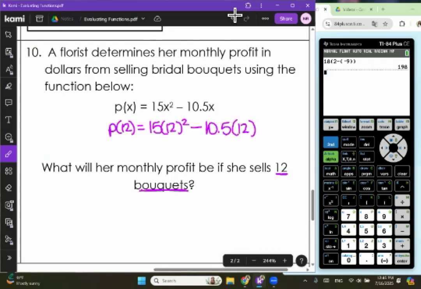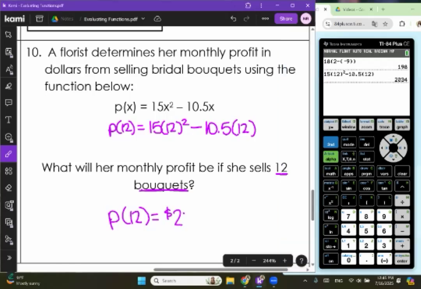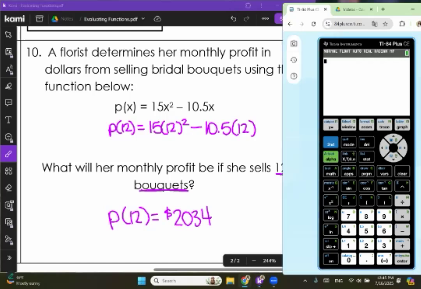The only place I see students make mistakes on this one is not recognizing that there's two x's that you need to plug in, okay? So just be careful. So 15 times 12, square that, minus 10.5 times 12. And you get 2,034 because we are talking about money. Okay.